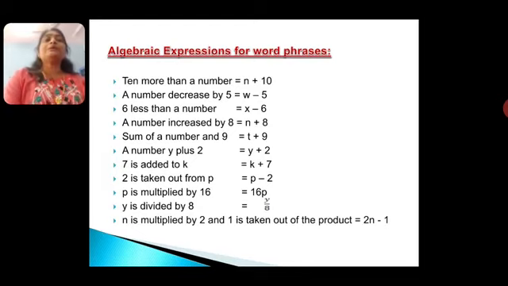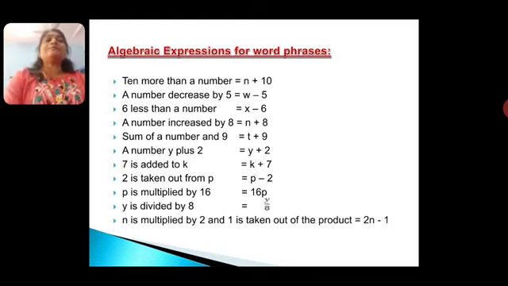Now next example, 7 is added to k. k plus 7 is our algebraic expression. 2 is taken out from p. Taken out means subtraction. Therefore, our algebraic expression is p minus 2. p is multiplied by 16.